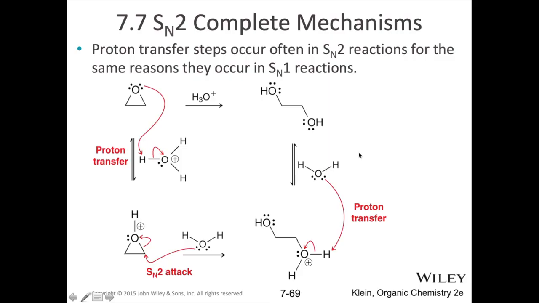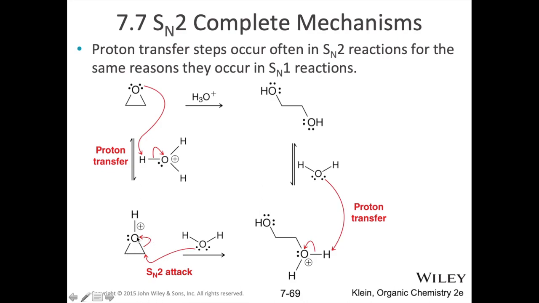Okay, here's another example with 2 proton transfers. So first of all, here's the initial proton transfer to turn that oxygen into a better sort of leaving group. It's kind of interesting to see it as a leaving group in quotation marks, because that oxygen is connected with 2 bonds. When you break one bond, that oxygen is still attached to your original molecule, but it's still considered a leaving group because it's taking these electrons with it.